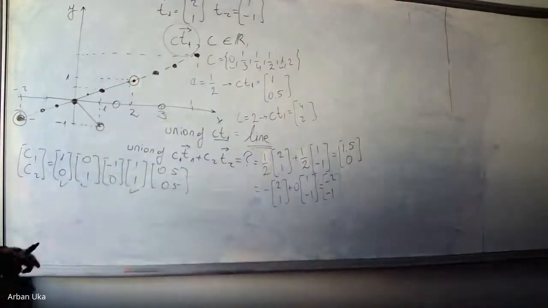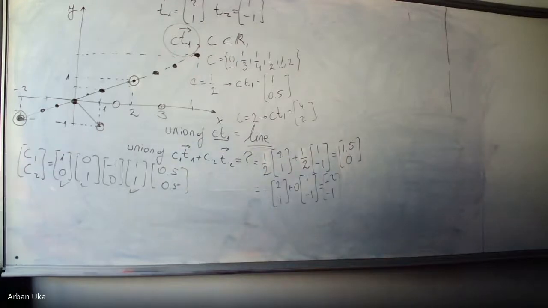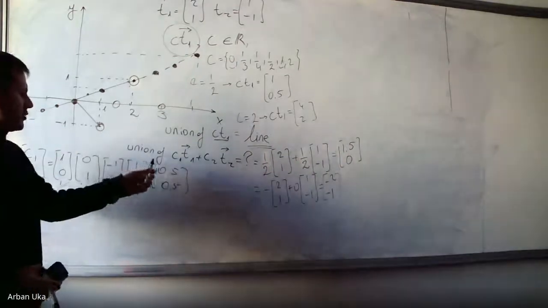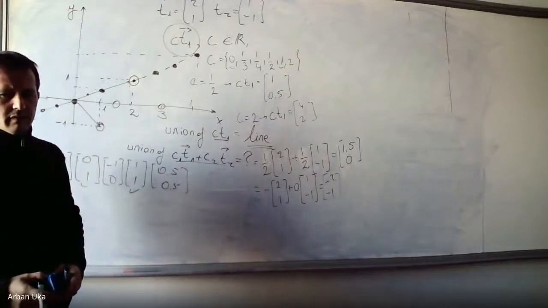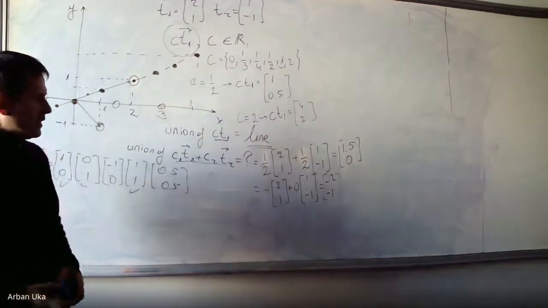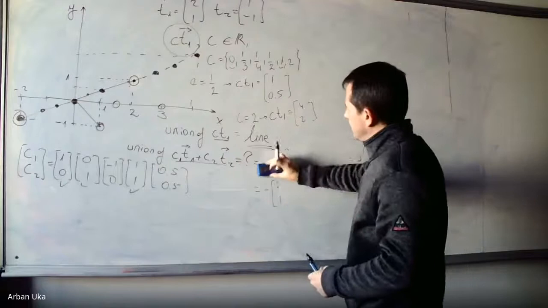But now, with these solutions that we are providing on the board, what do you think? What could be the union of C1, T1 plus C2, T2? The first one, it was a line.